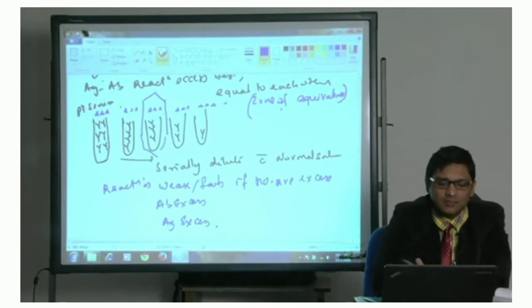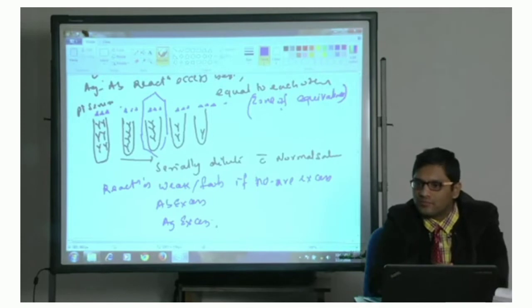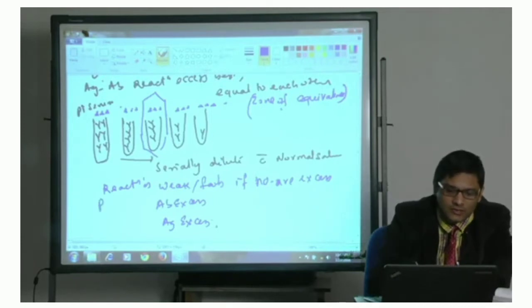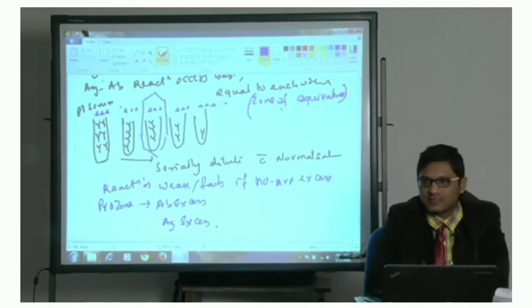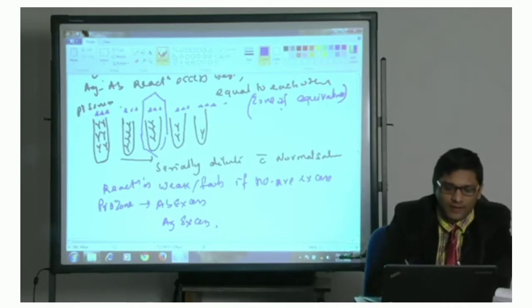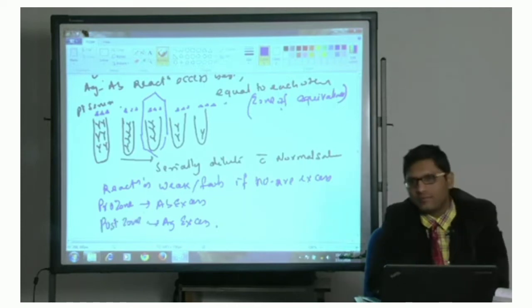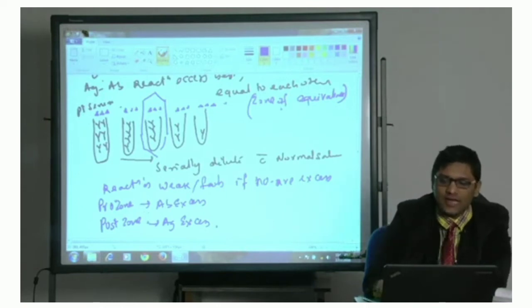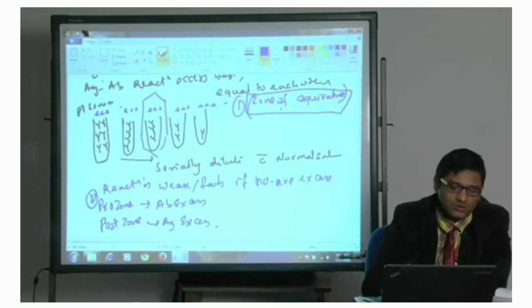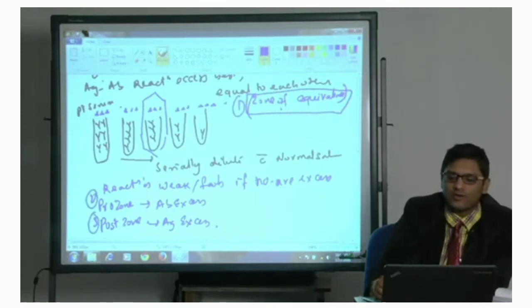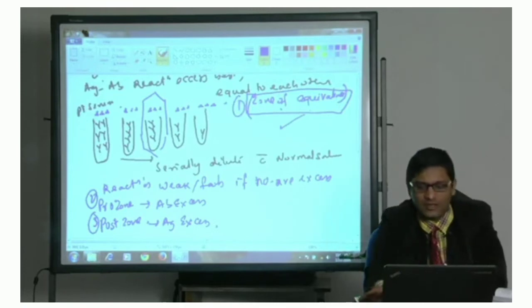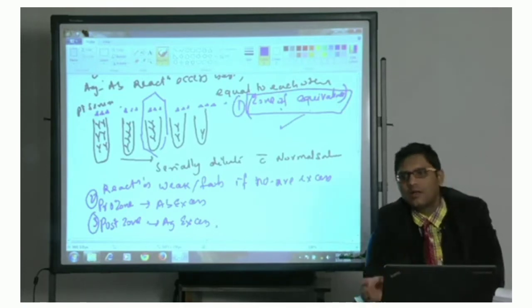Antibody excess is before the middle tube, and that is why it is called the pro-zone phenomenon. Pro-zone phenomenon is antibody excess before the zone, whereas antigen excess is called the post-zone phenomenon. The reaction occurs only in the zone of equivalence. So there are three zones. In pro-zone and post-zone, the reaction doesn't occur properly.